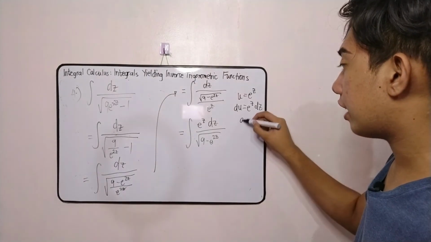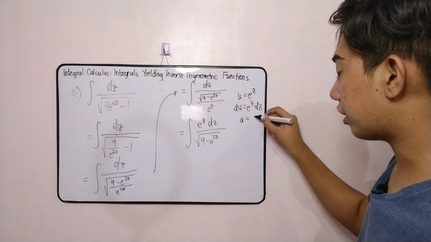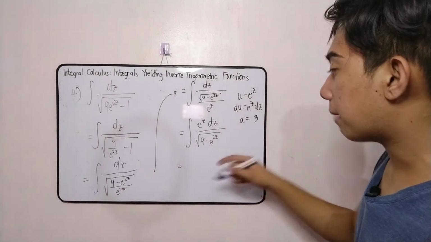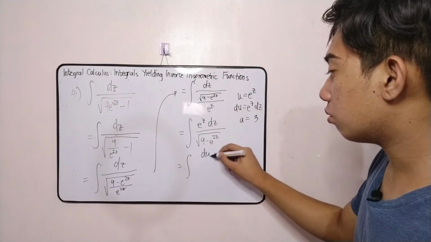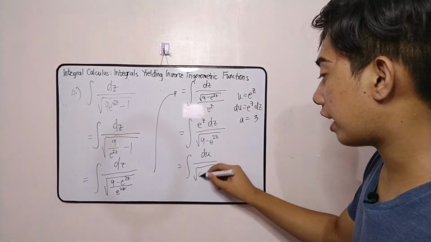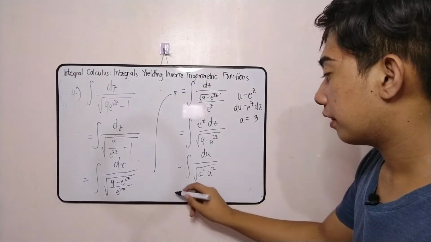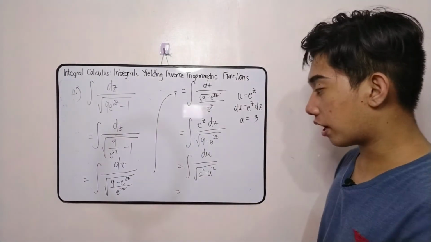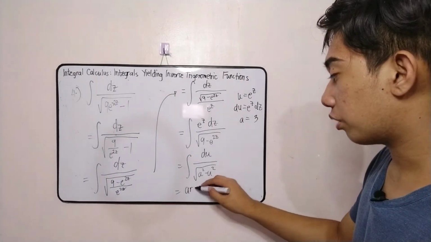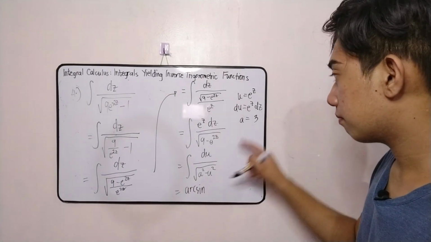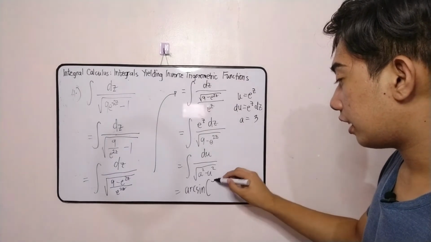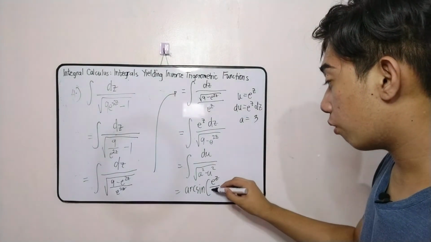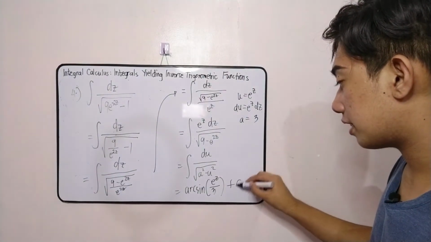And our a here is 3. So, we can plug in du all over square root of a squared minus u squared. Then, if we simplify that one, it will result to inverse sine, where u is e raised to z, all over 3 plus c.